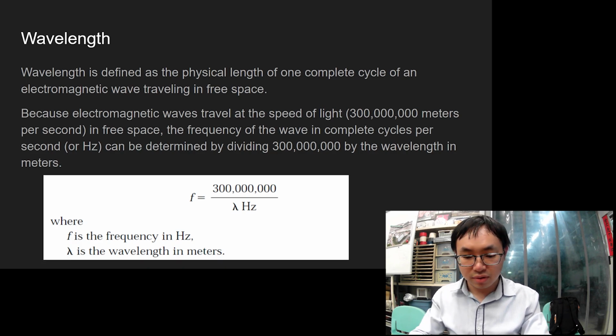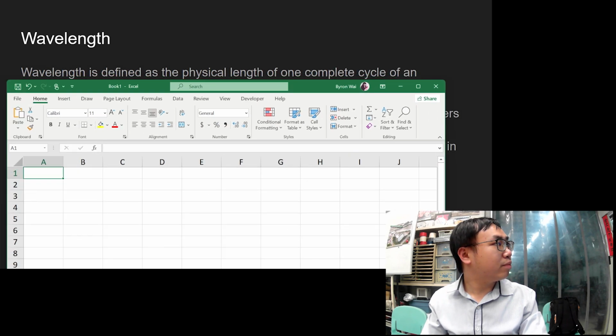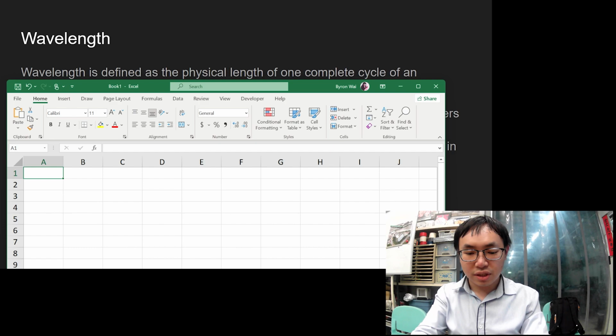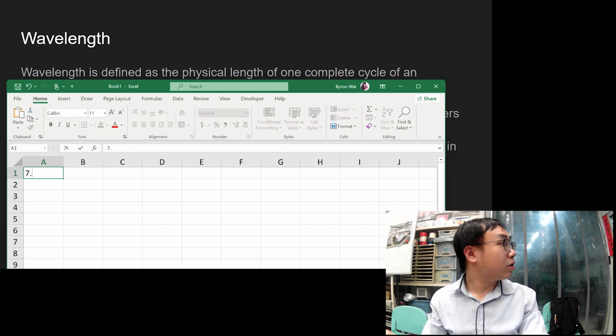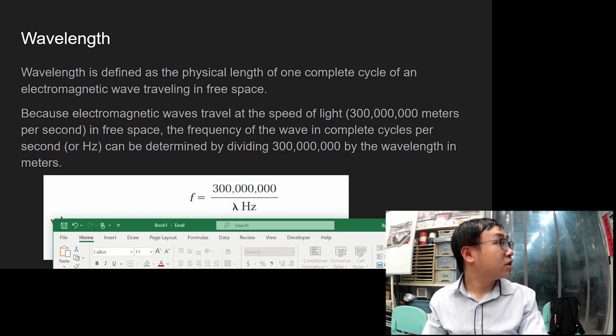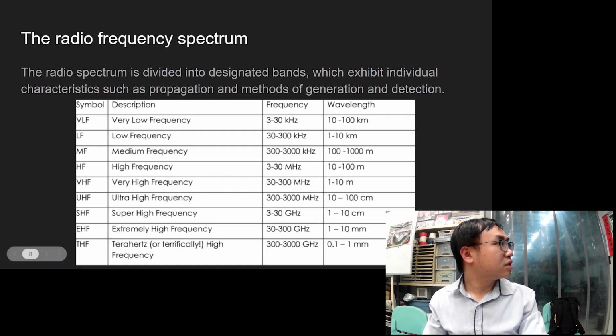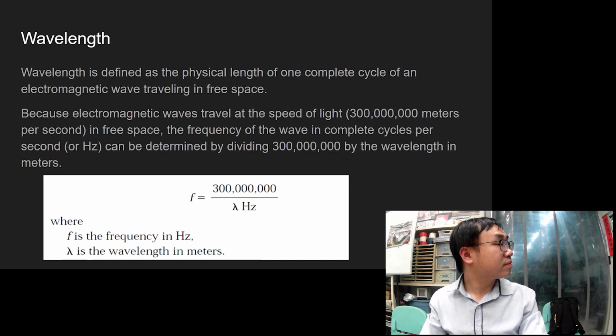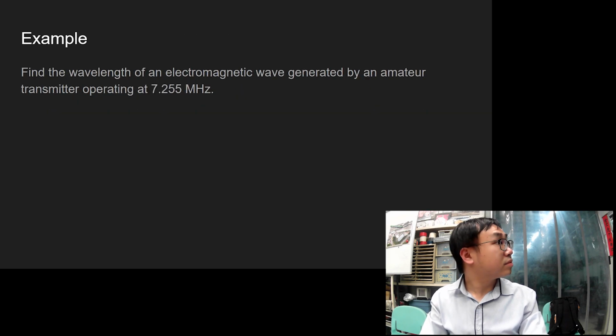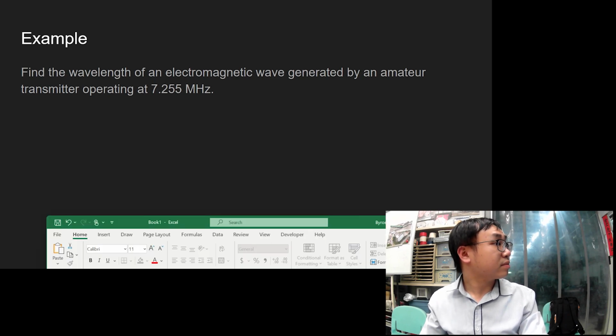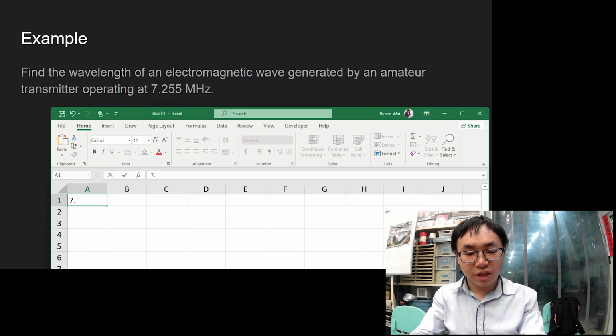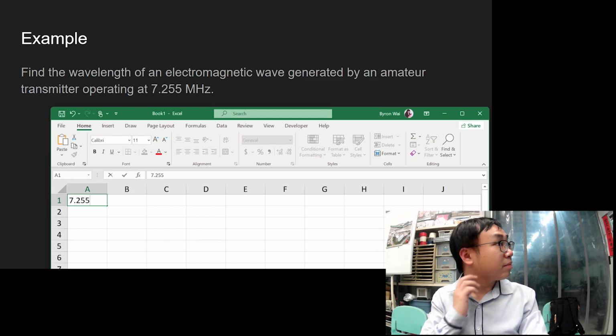Let me bring up my Excel. So the calculation will become, our frequency is 7.255 mega.